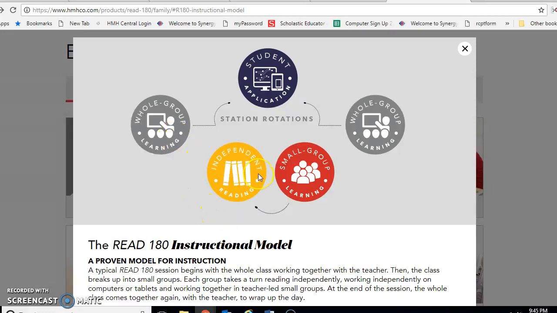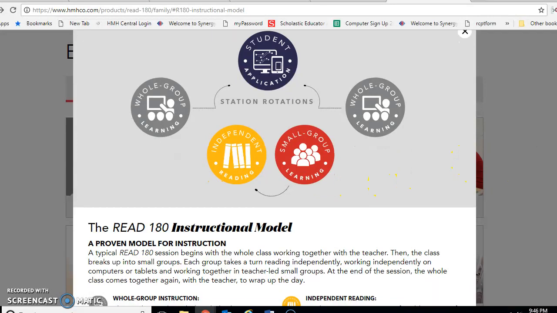Independent reading is the area that I'm having the problem with, the student engagement, student motivation, and I feel the flipping in this, creating that flipping and creating those lessons, I think will give opportunities for this small group learning to really be a higher level and a deeper level. So I'm really excited about that.